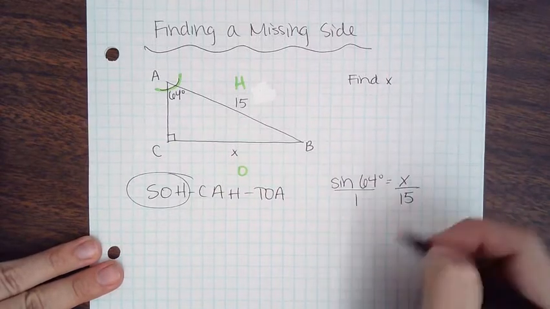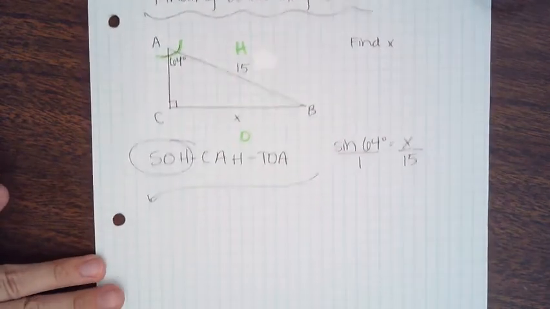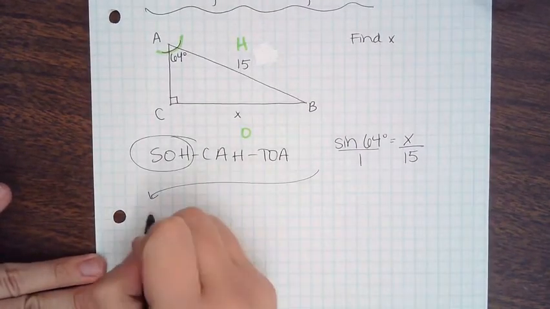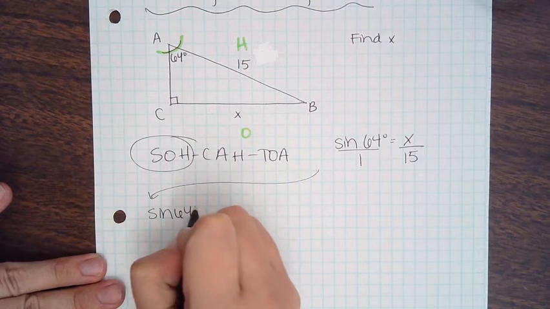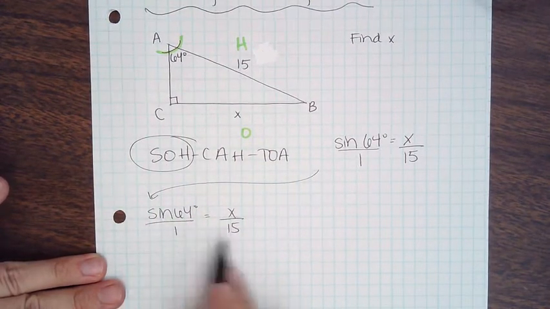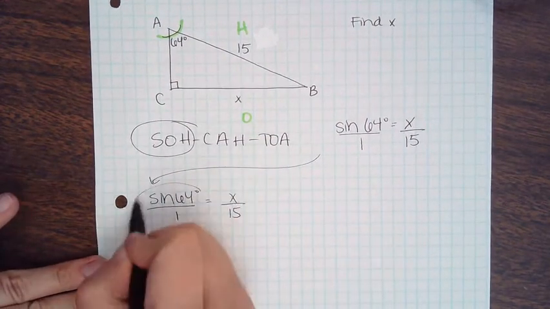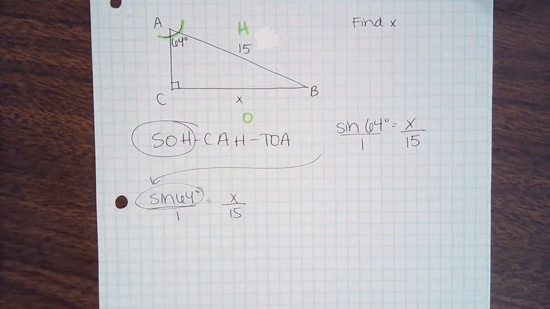One way to do this problem is to think of it like this. I can take sine of 64 degrees over 1 equals x over 15. If I think of these as 4 little slots, I want everything as simplified as I can get it. Some of us don't like to deal with sine of 64, so we want to calculate that first.